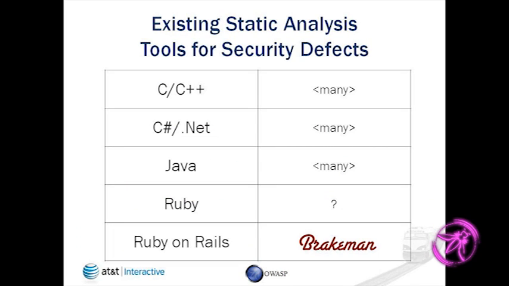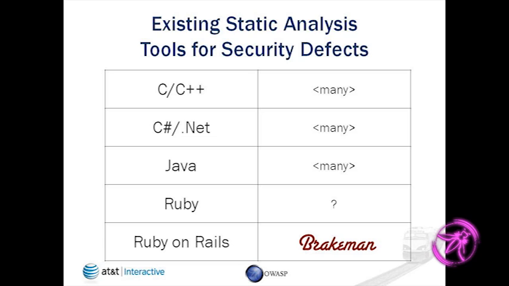So there are a lot of tools for C, C++, C#. I wouldn't mention names because this is an OWASP conference, but it goes all the way back to Lint or Valgrind into the freeware tools, a lot of commercial vendors for C#, .NET, and Java. And Ruby, there are some tools for doing static analysis, but they're not particularly for security, because Ruby being the interpreted language and garbage collector language, you don't have a lot of issues there.